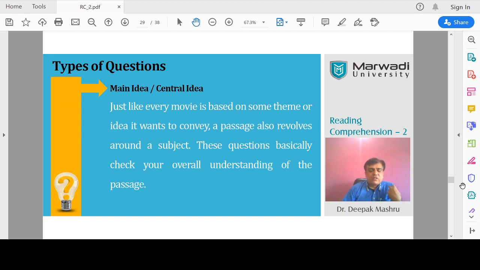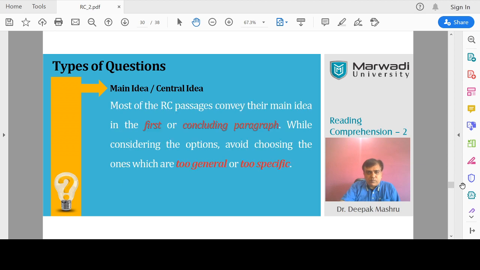Whatever theme is there, you will find everything moving around that theme. The way I told you that in the thesis statement, you find the topic. And based on that thesis statement or the stand, the entire paragraph would be there. The author would have expanded it in that way.